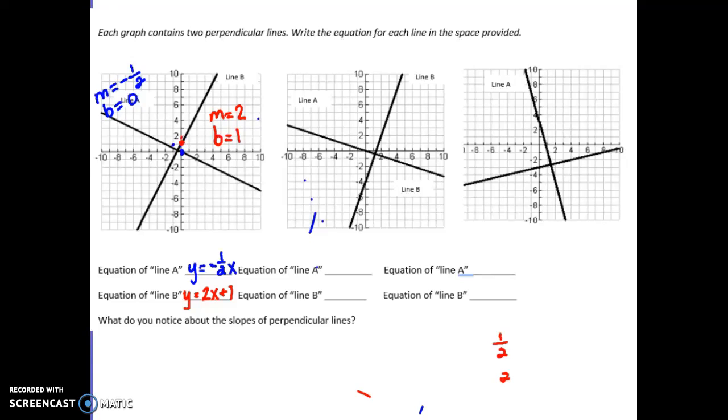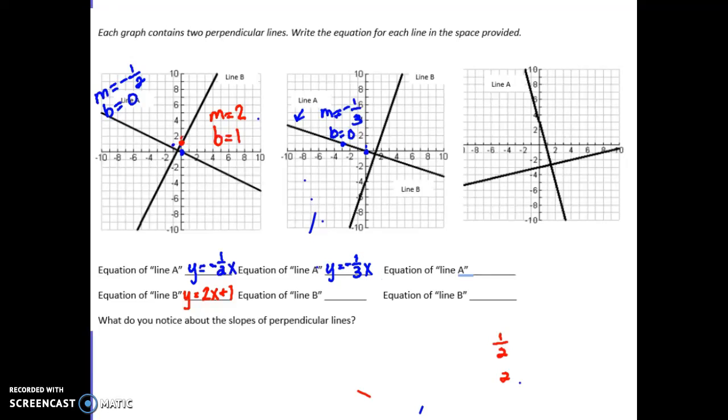If I look at my next example, my line A is right here, and my y-intercept is at 0. My slope is going to be rise 1 to the left 3, so my slope is -1/3. And my y-intercept is 0. So my equation of the line is y equals -1/3 x.